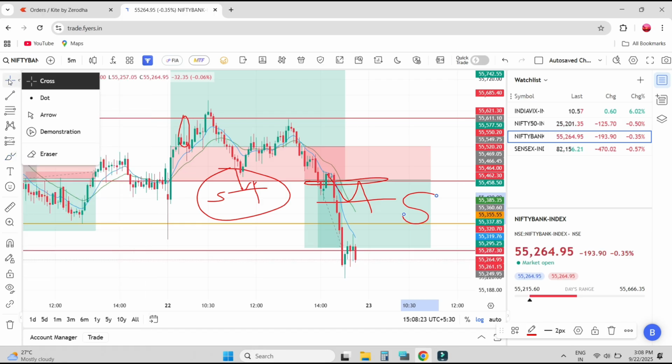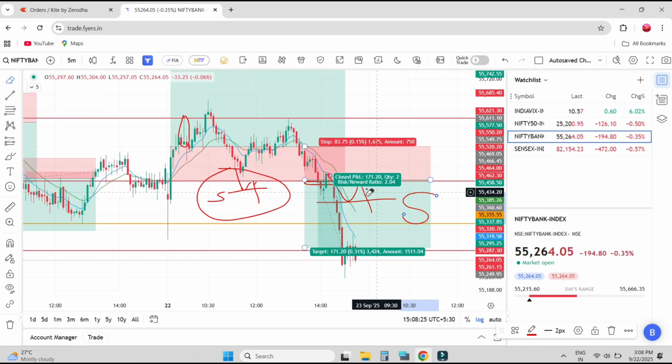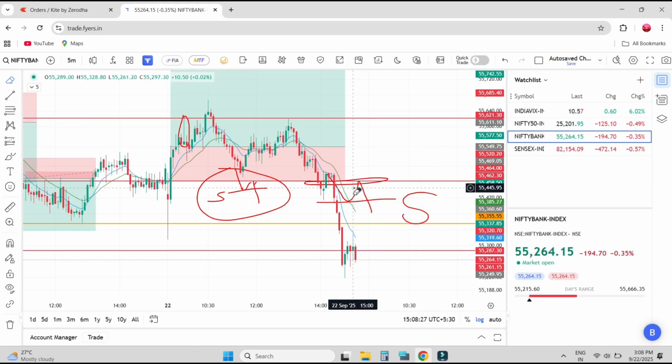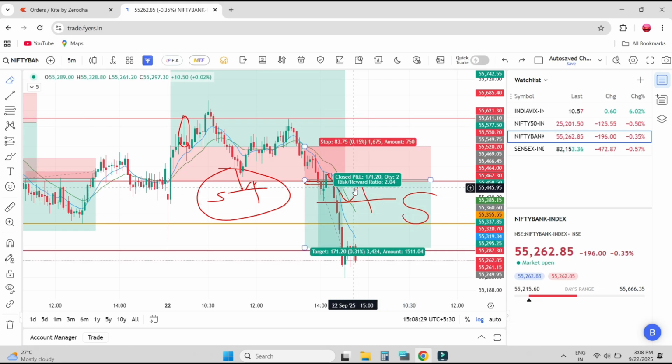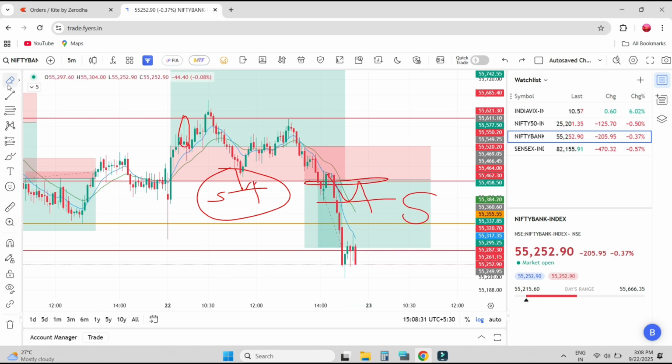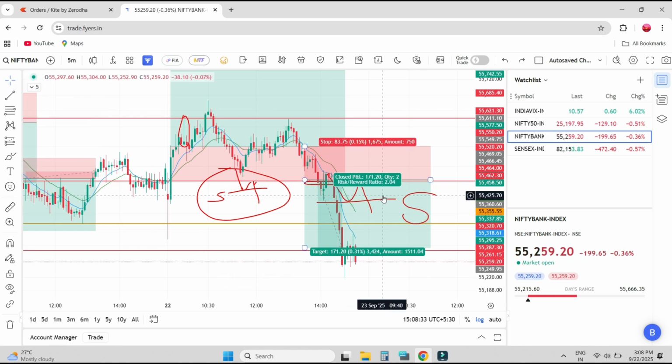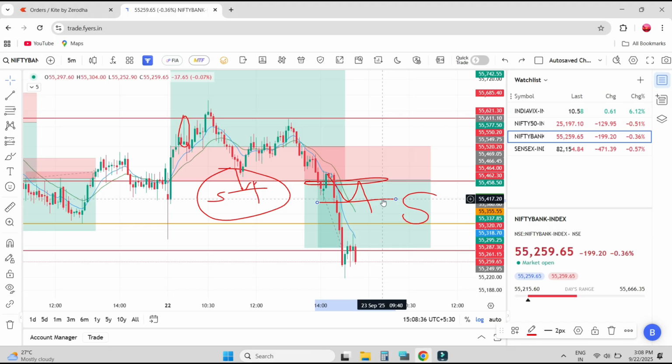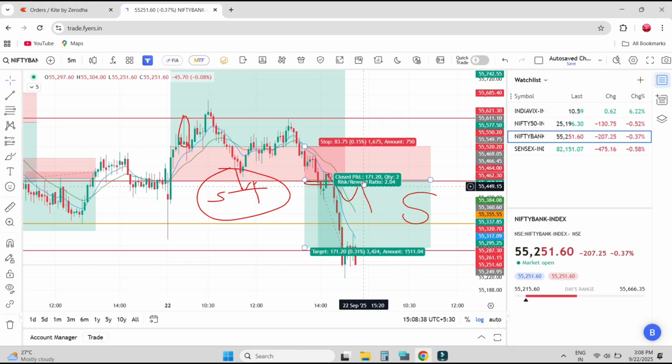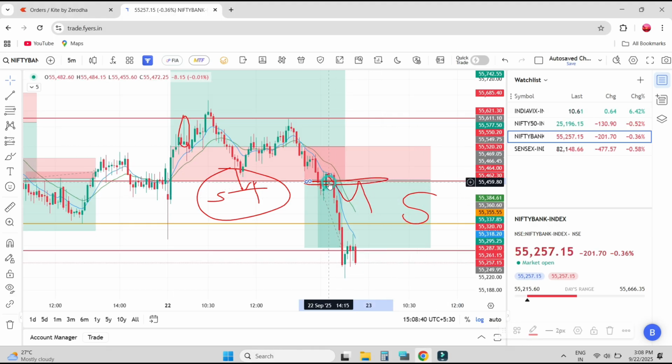Sorry, let me delete this. I just want to remove this line. Okay, now it's fine.